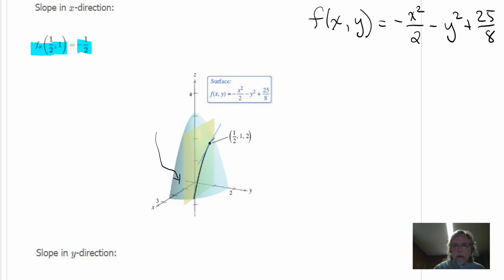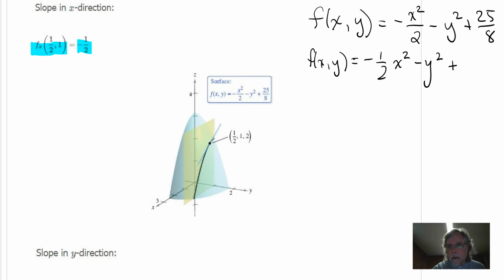Now, to take the partial derivative with respect to x, allow me to write the first term as negative 1/2 times x squared. And then f sub x, which means x is going to be the variable now, and y is a constant in this derivative.